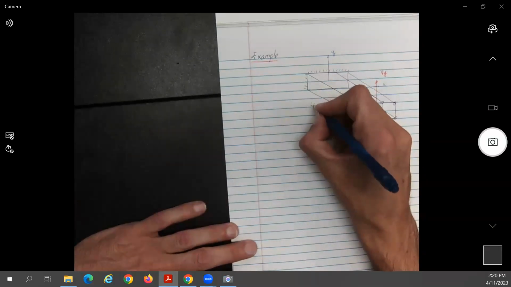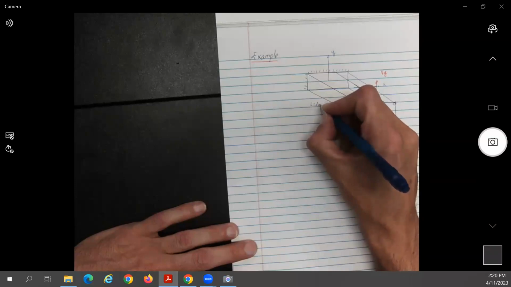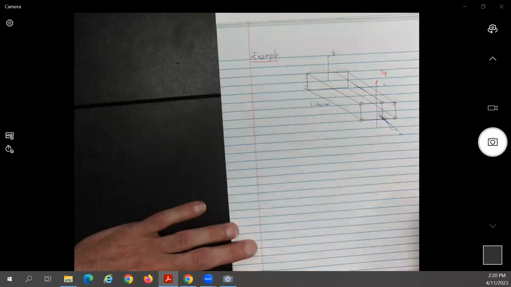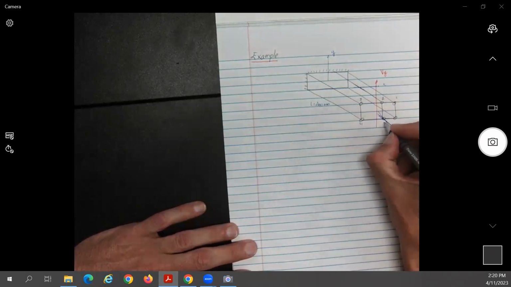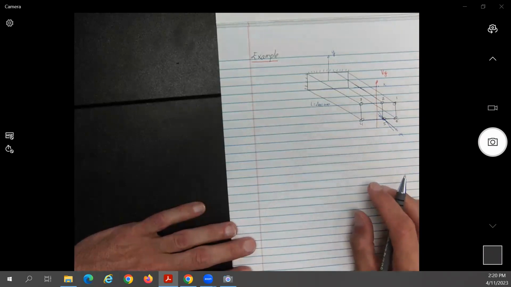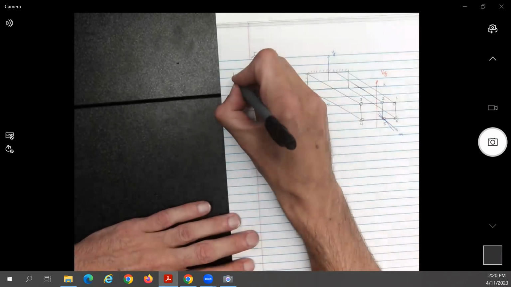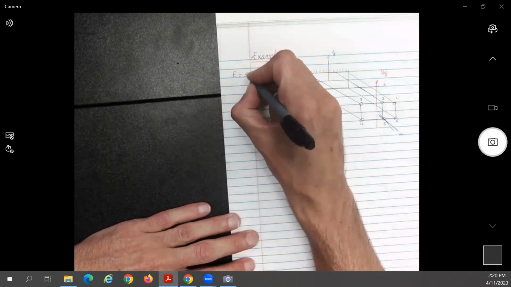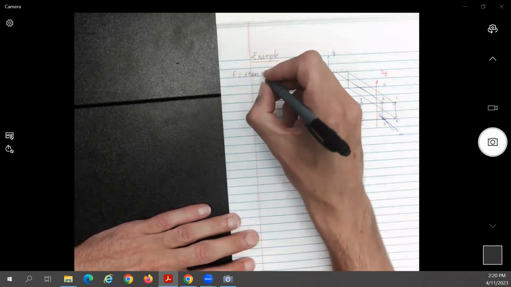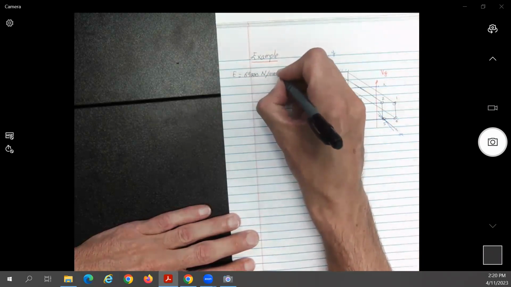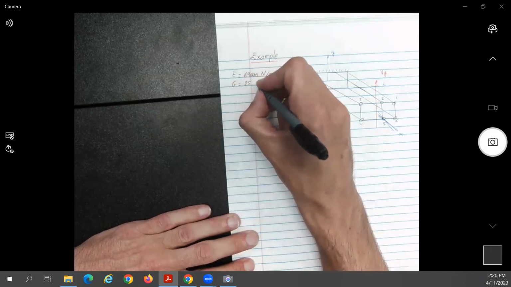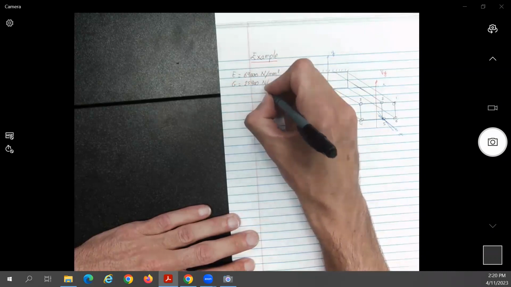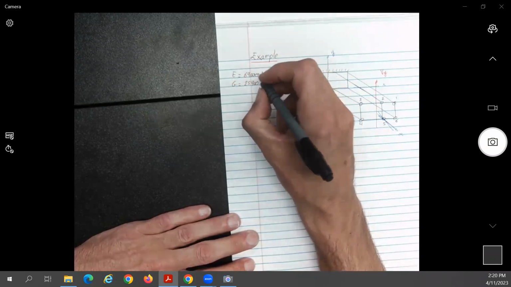The total length L is 1,000 millimeters, and the numbering over here goes from 1, 2, 3, 4, 5, 6. Properties: E equal to 69,000 newtons per millimeter square. G equals, so this is for aluminum, 25,900 newtons per square millimeter.